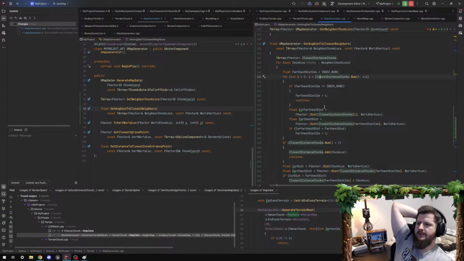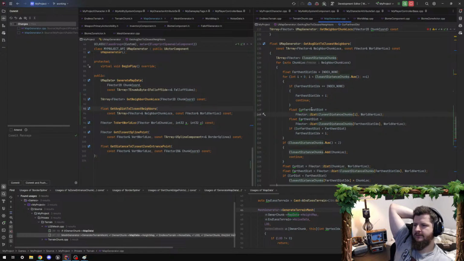Okay, so for each closest distance chunks, don't have one, we're just gonna set it to I.